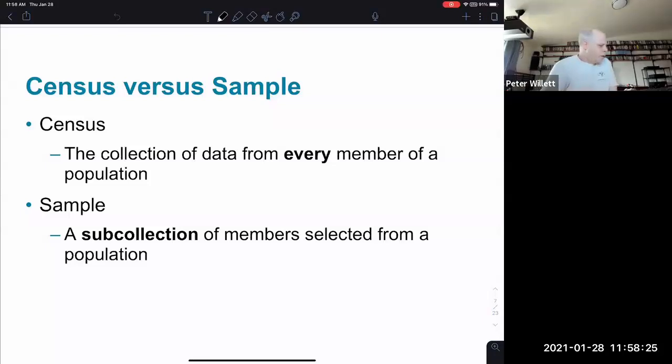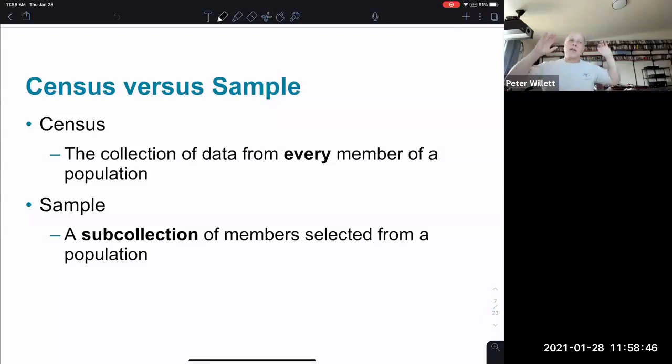All right, let's see if we can keep your minds engaged and help your minds learn these words. Try in your mind to imagine an example of a situation in which you would be able to collect a census.